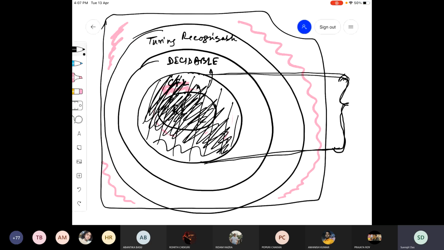So here you have languages that are not even Turing recognizable. What I mean is there should be something that exists and that decides, right?